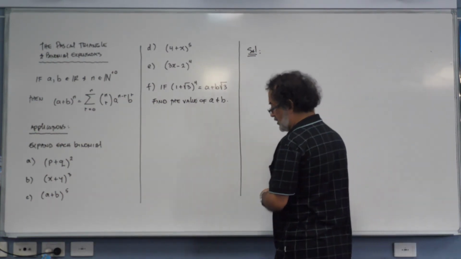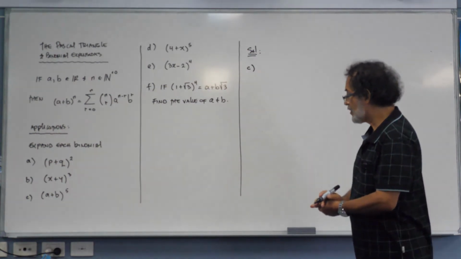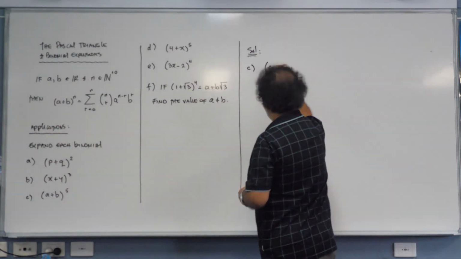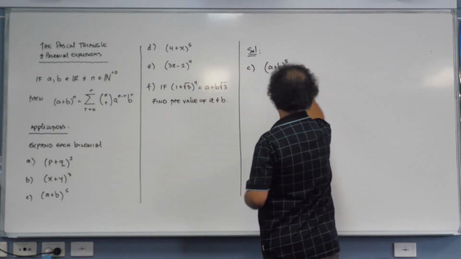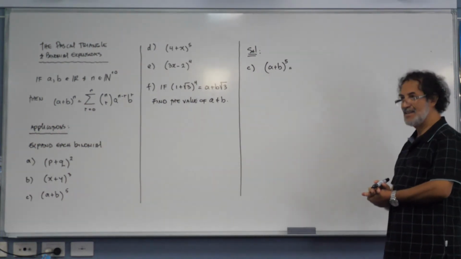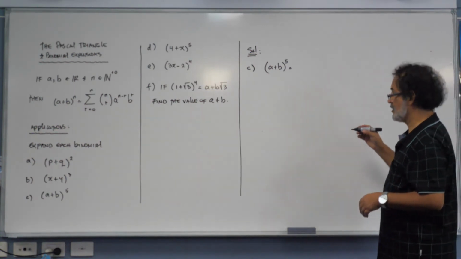Okay, so we're up to question C. Question C. So we're going to say (A + B) to the power of 5. Step number 1, we're going to set up the formula.